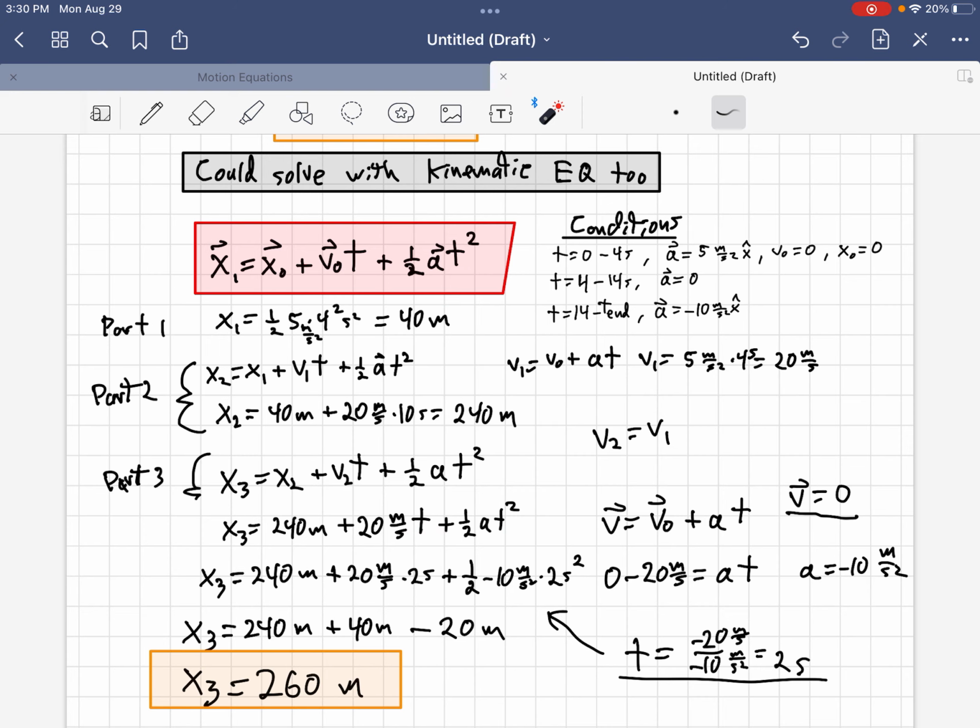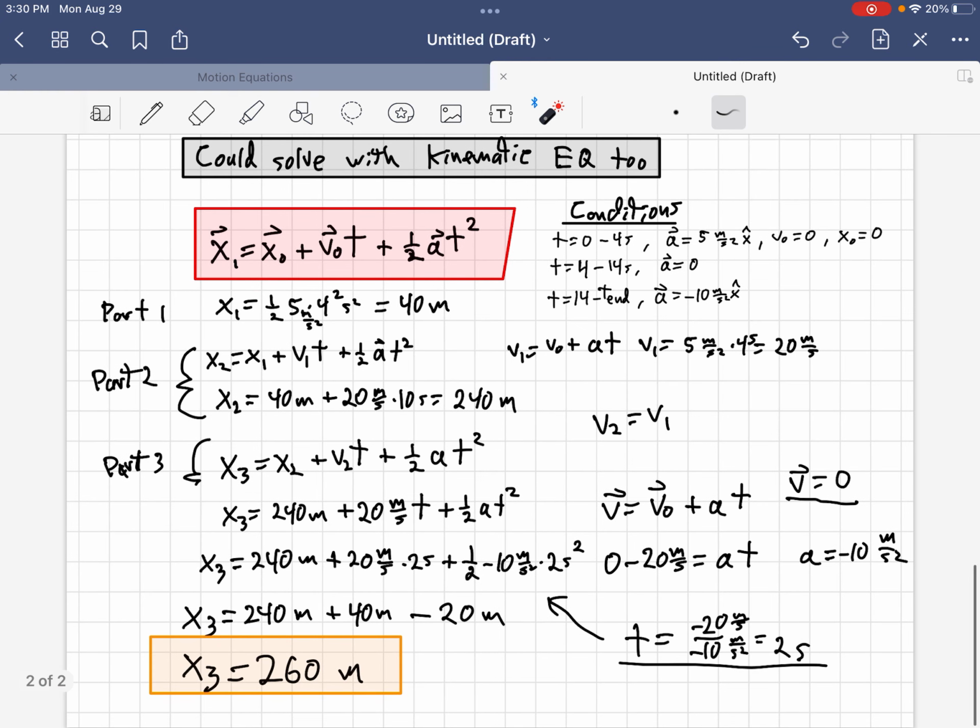Well, we solved for it graphically, but to solve for it algebraically, we use this expression again, right? The velocity is going to be your initial velocity plus your acceleration times time. And what's our velocity at the end when we stop? Well, after we brake and we stop moving, our velocity is 0. So we plug in 0 for this value here.